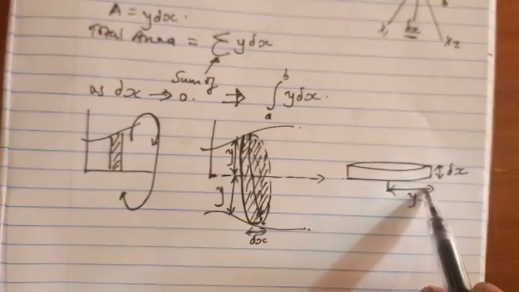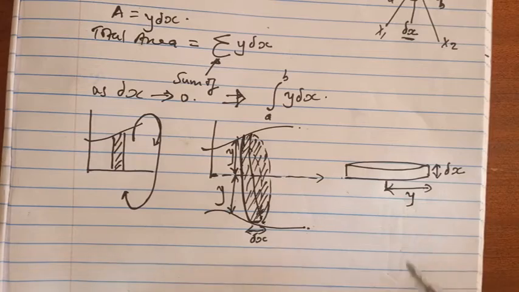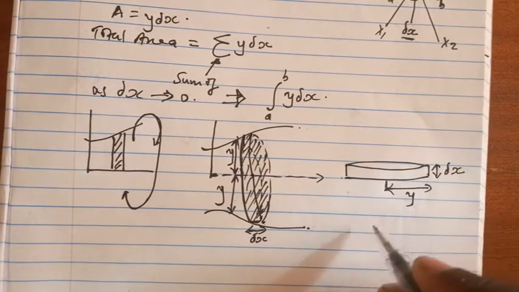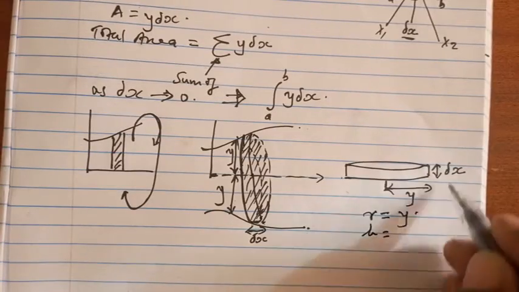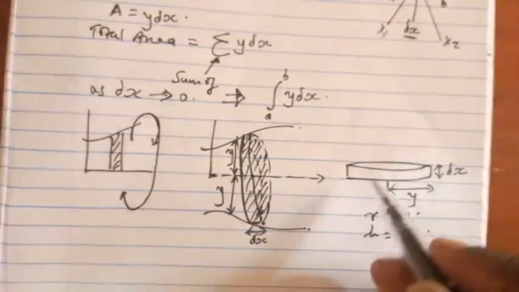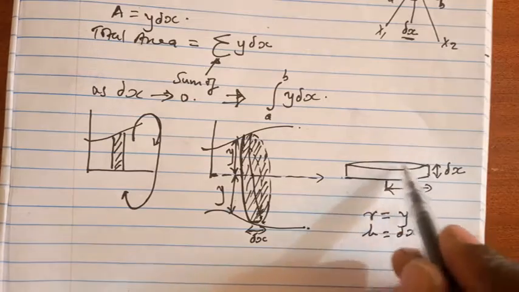This is y, which comes here, and this is the height. So you can see, in a nutshell, radius is y, and the height of a cylinder is simply dx. So we can get the volume of this cylinder.